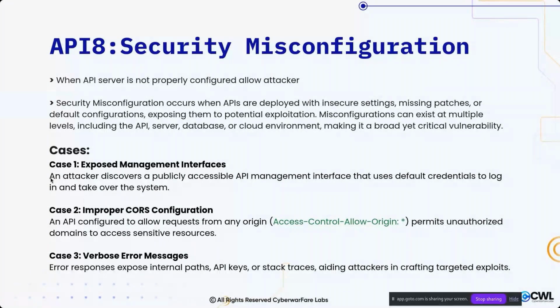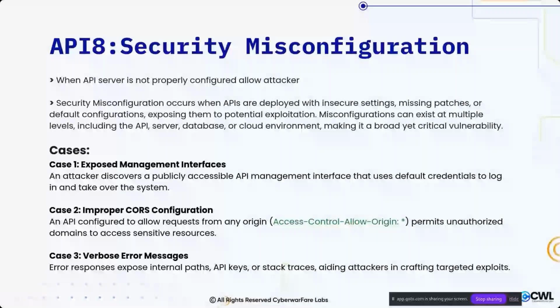In the first case, exposed management interface, an attacker discovers a publicly accessible API management interface that uses default credentials to log in and take over the system. In a large organization like Verizon Media, they have many servers running, some private and some maybe public by mistake.